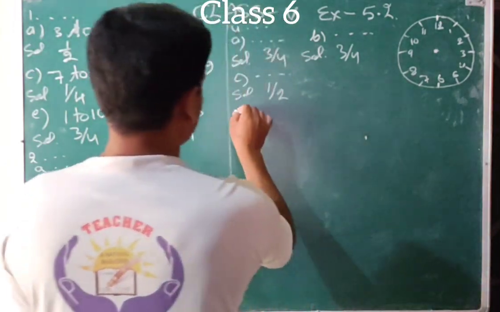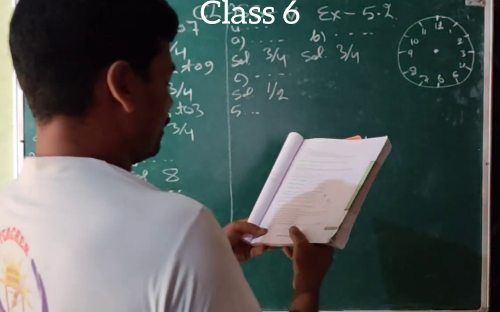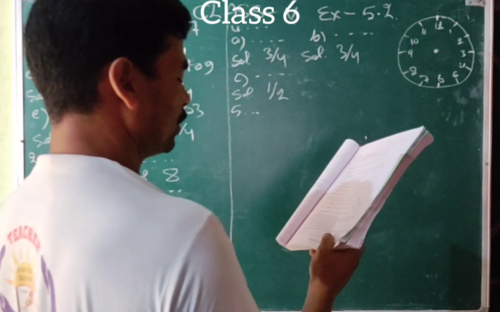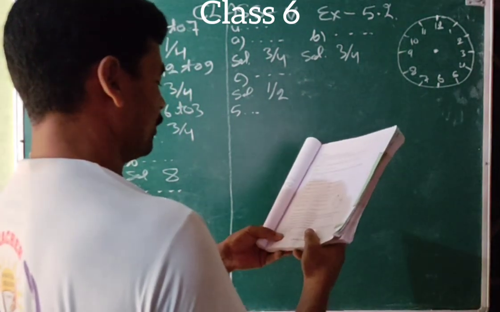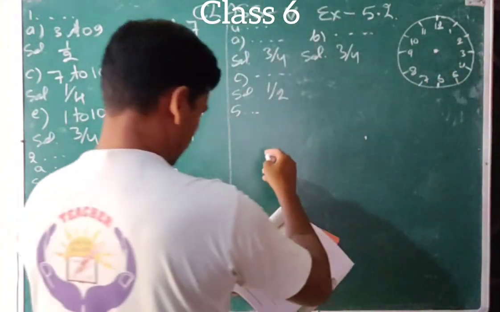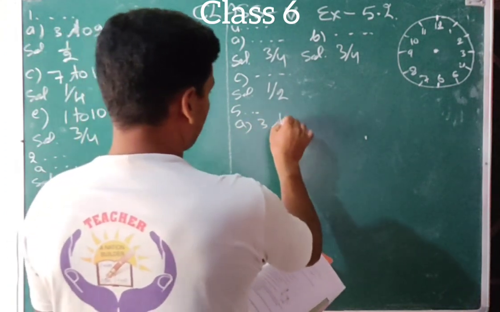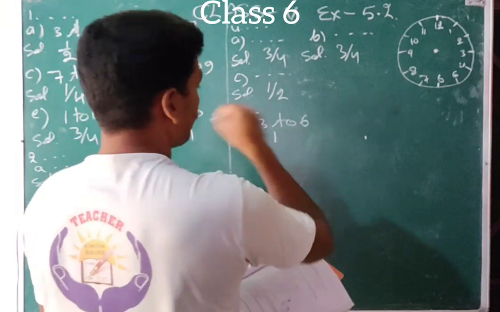Now question number 5: find the number of right angle turns made by the hour hand of a clock when it goes from 3 to 6. A part, 3 to 6, that will be one right angle.